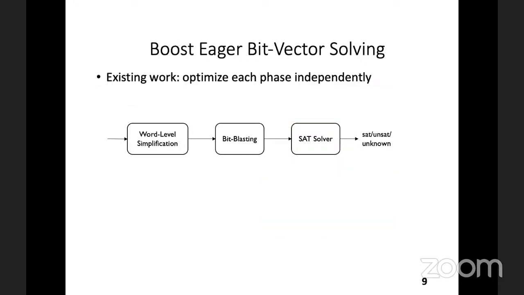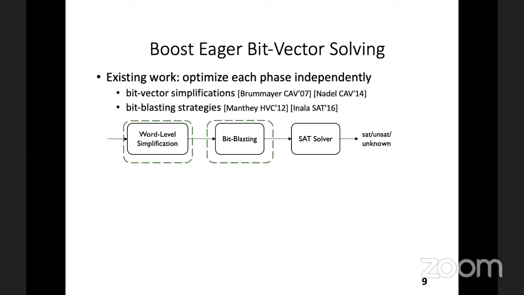To the best of our knowledge, over the past years, most optimizations for eager bit vector solving focus on either the first phase or the second phase. Their goal is to reduce the size and the complexity of the Boolean formula.